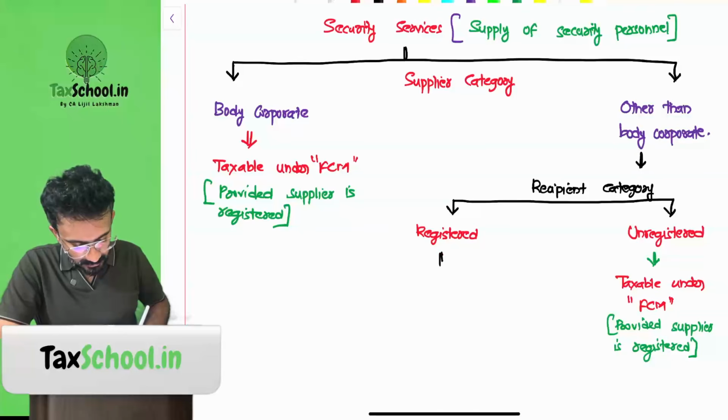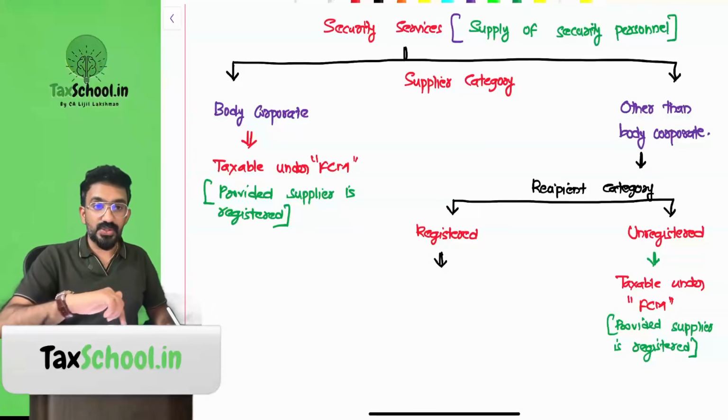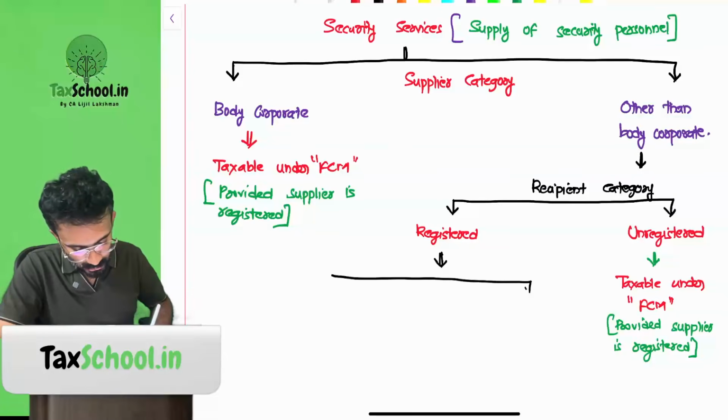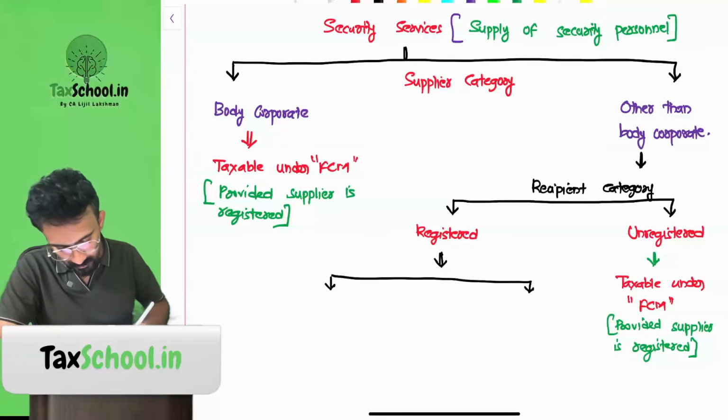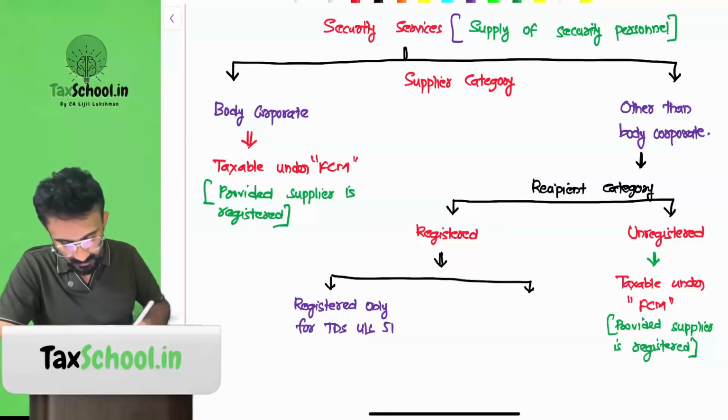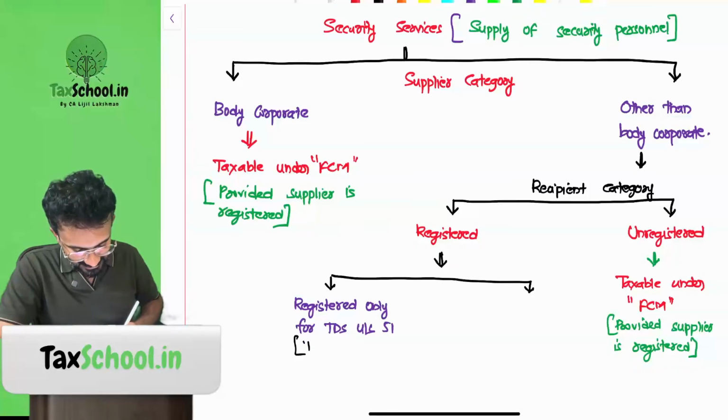However, if the recipient is registered, supplier is other than body corporate and recipient is registered, again I have to ask the question, are they registered only for TDS under section 51, as what tax deductor registration they have?